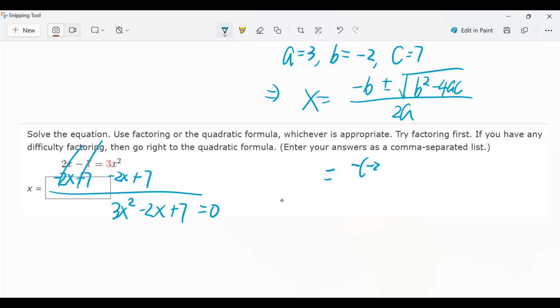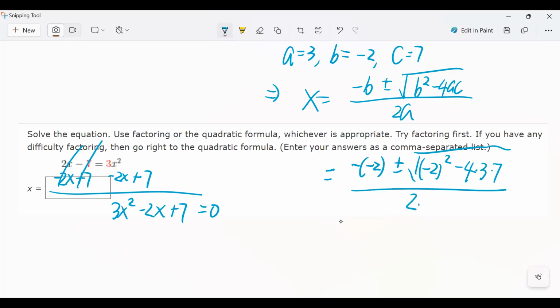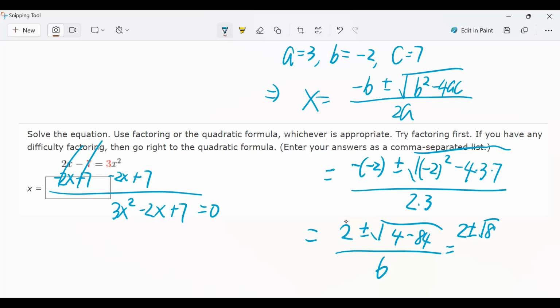That's minus negative 2 plus or minus the square root of negative 2 squared minus 4 times 3 times 7, over 2 times 3. So we get 2 plus or minus the square root of 4 minus 84, divided by 6. That's 2 plus or minus radical minus 80 over 6, so we get a couple of complex solutions.